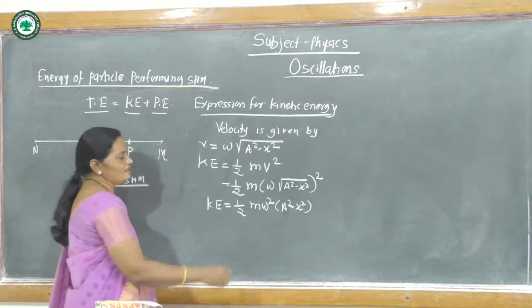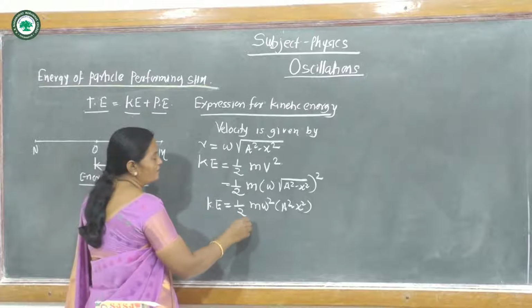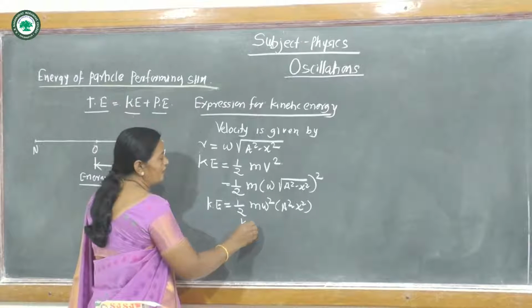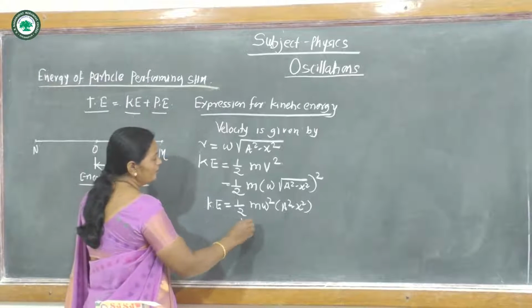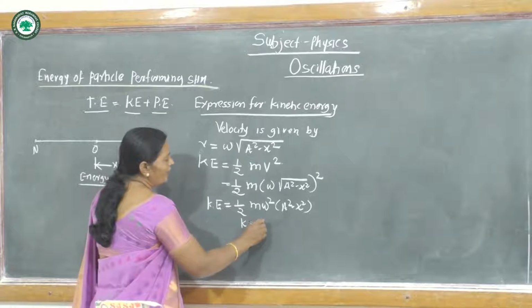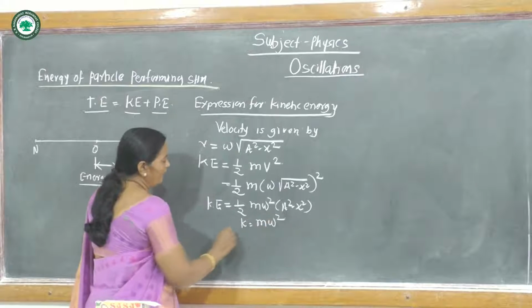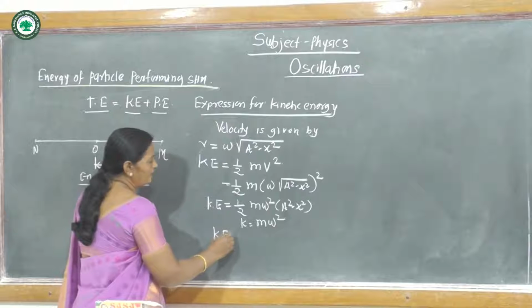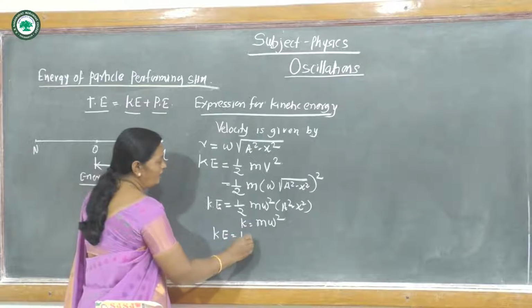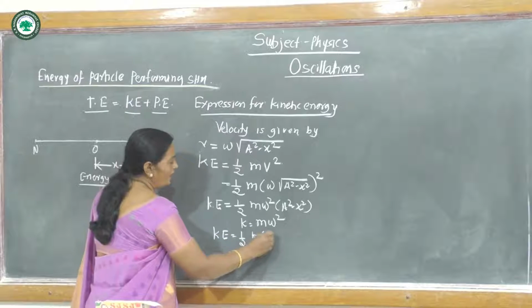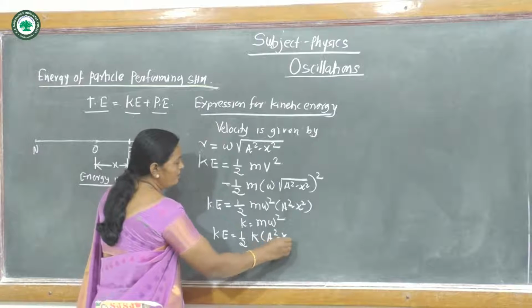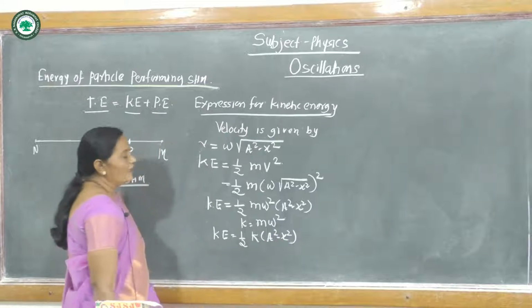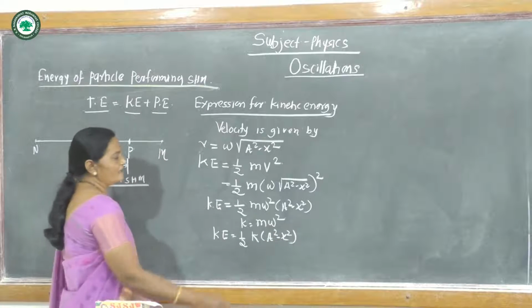Now suppose we substitute k is equal to m omega square, we get the expression for kinetic energy as 1/2 k into (a square minus x square).